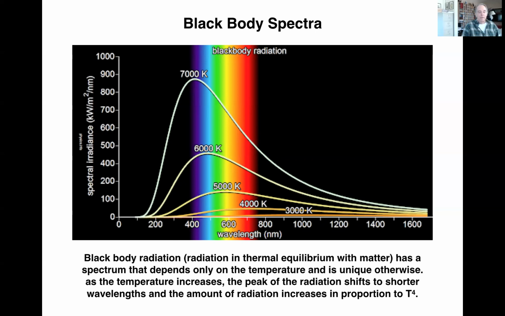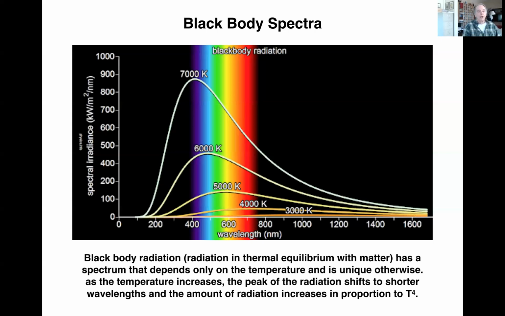So if you had an object that was able to 100% efficiently absorb visible light when it was cold, when you heated it up to say 4,000 degrees Kelvin, it would glow and it would emit radiation with what's called a black body spectrum.